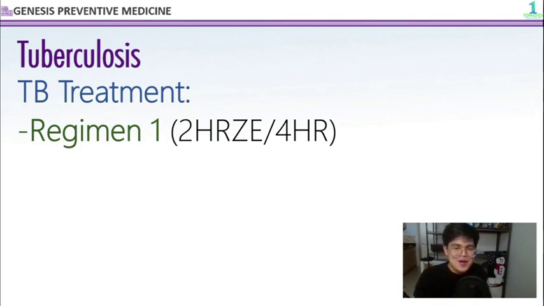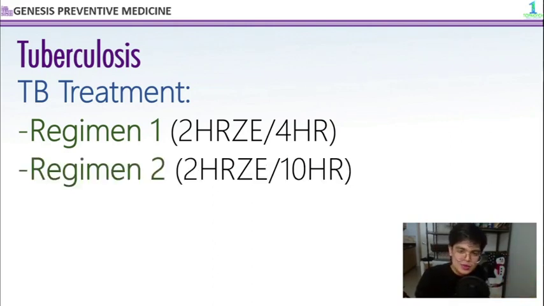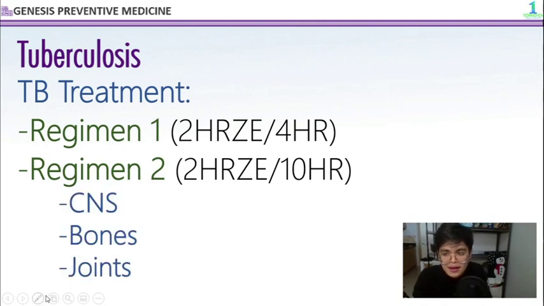Okay? With that said, TB treatment, if you studied in med school at an earlier time, you may have heard of CAT 1, CAT 2, CAT 1A, CAT 2A, all those different types. So now they've renamed the categories into Regimen 1 and Regimen 2. Regimen 1 is the classic 6-month regimen with the 2-month intensive phase and the 4-month maintenance phase.